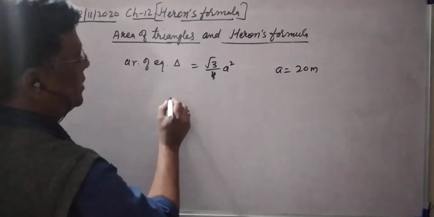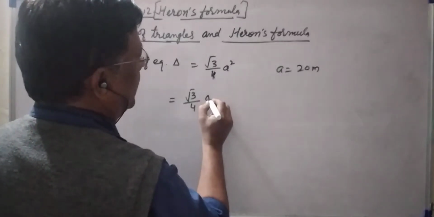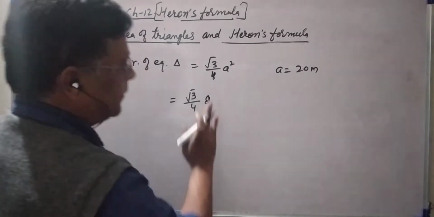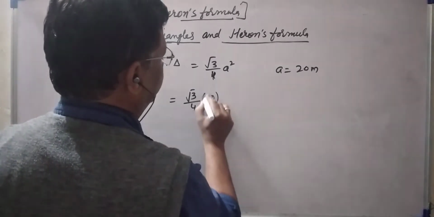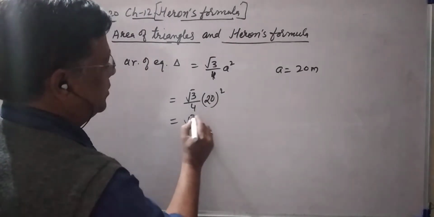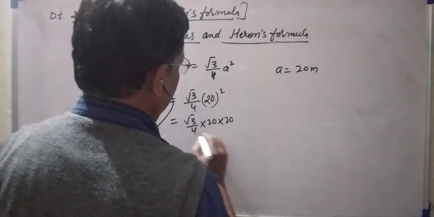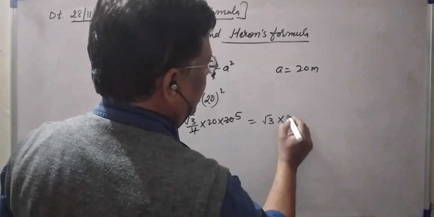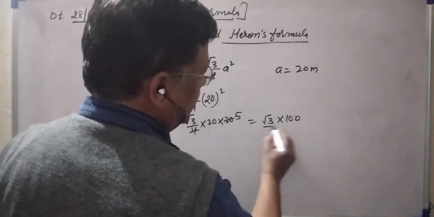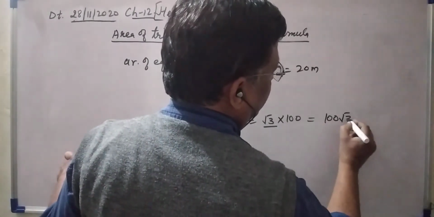So you substitute the value: root 3 upon 4, a square is 20 square. Expand it: root 3 by 4, 20 into 20, 4 fives are 20, then root 3 into 400. This is our answer, 100 root 3 meter square.